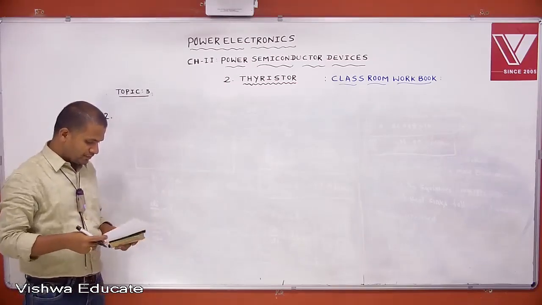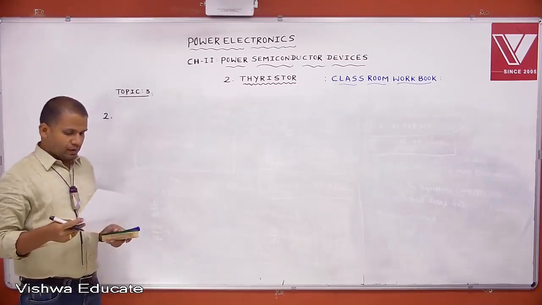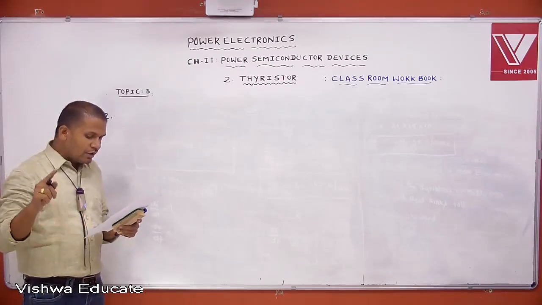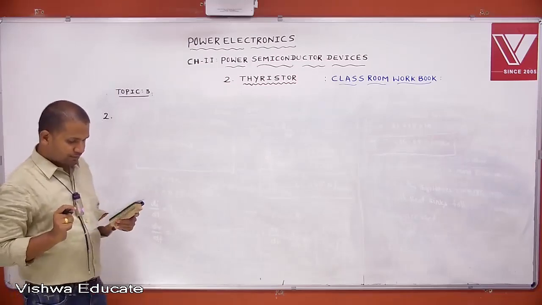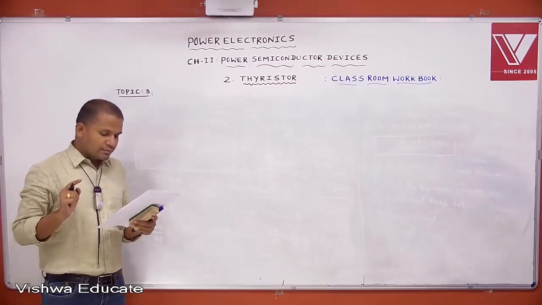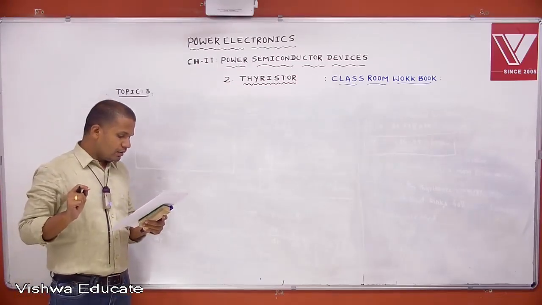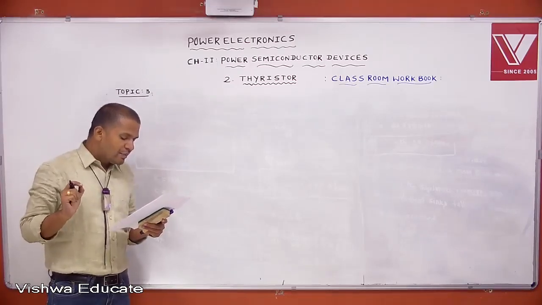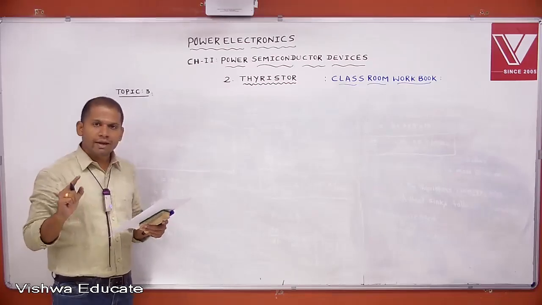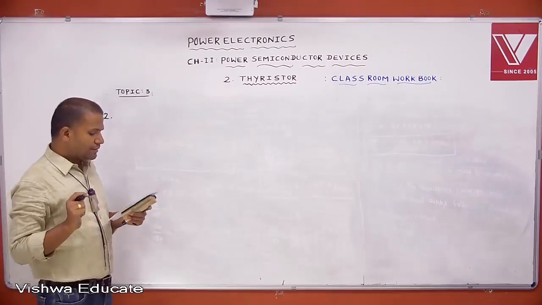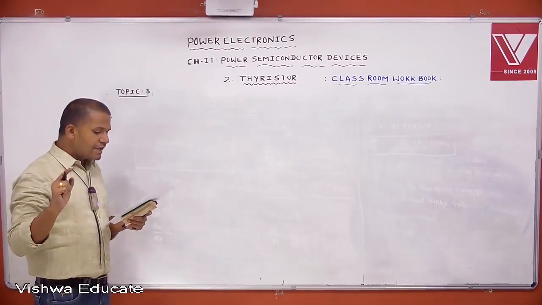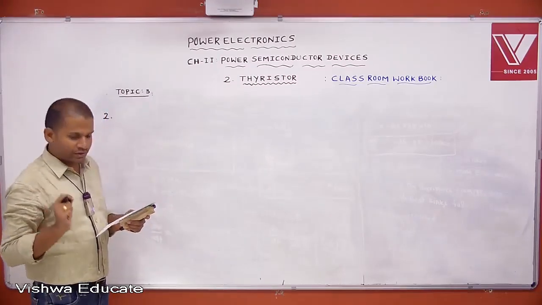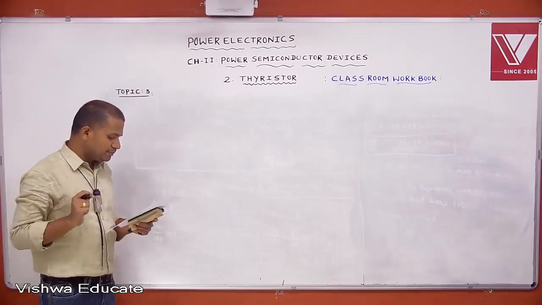A thyristor is placed between a constant DC voltage source of 240 volts and resistive load R. The specified limits for di by dt and dV by dt for the SCR are 60 amperes per microsecond and 300 volts per microsecond respectively.